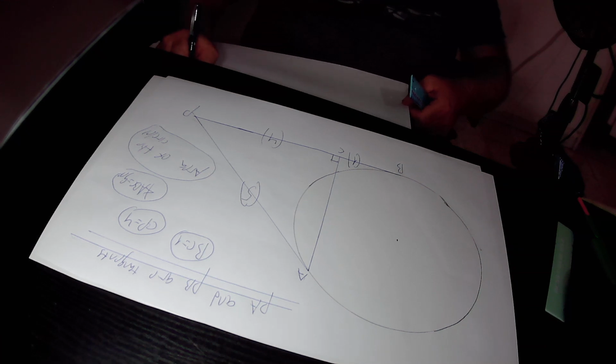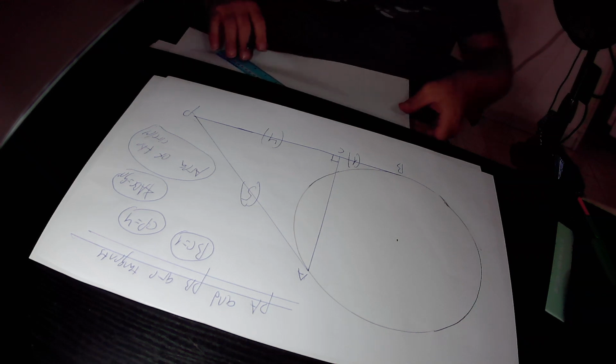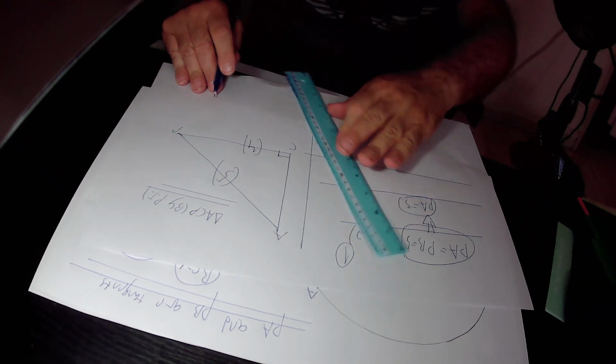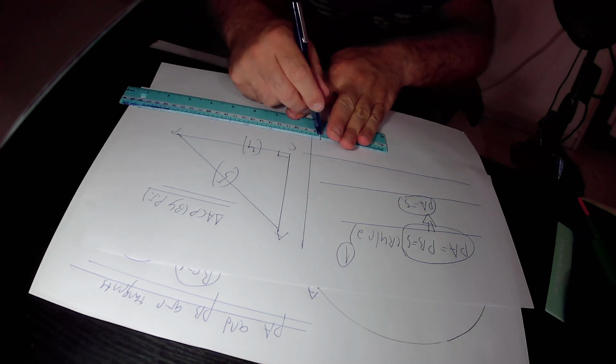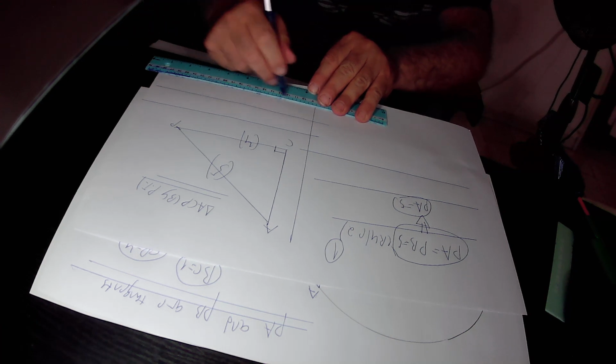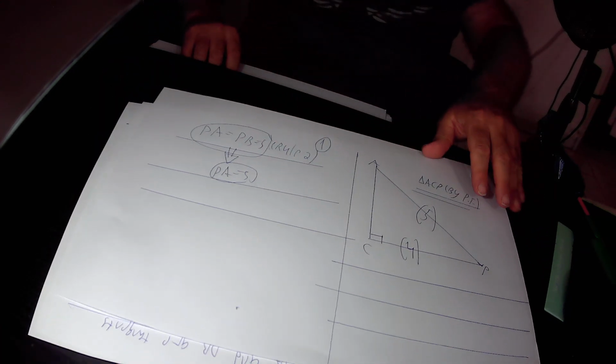So actually, this is the right triangle ACP that is coming from the original drawing.